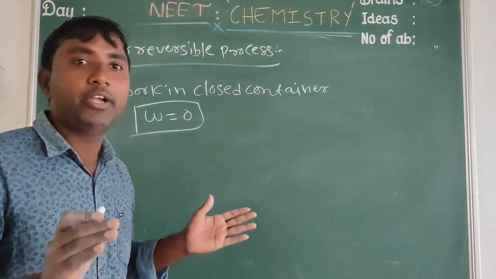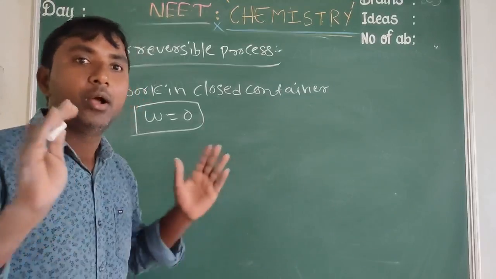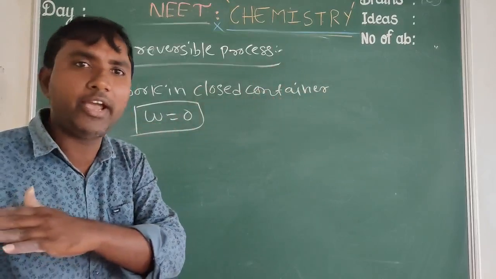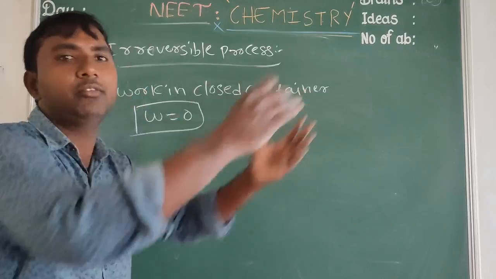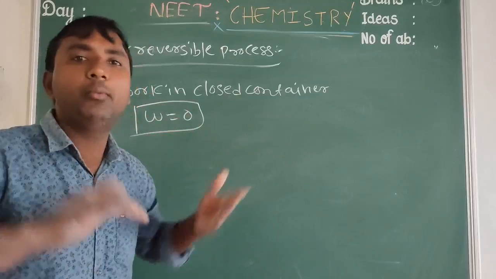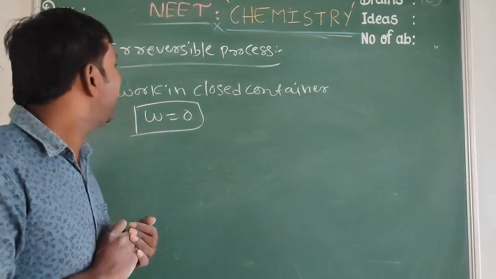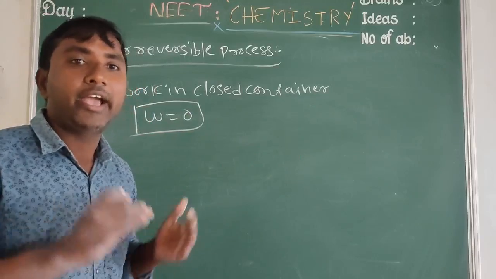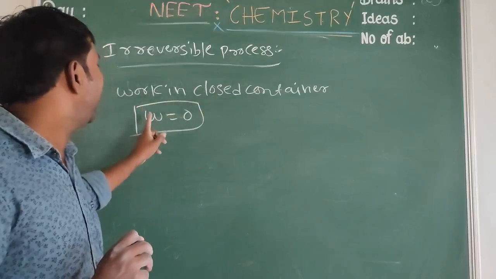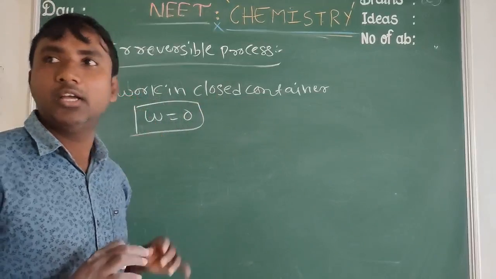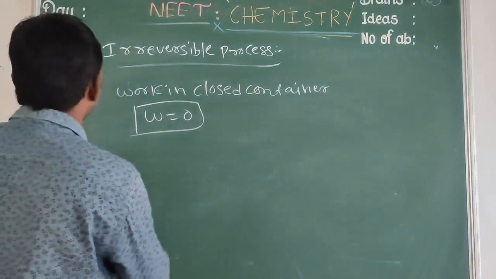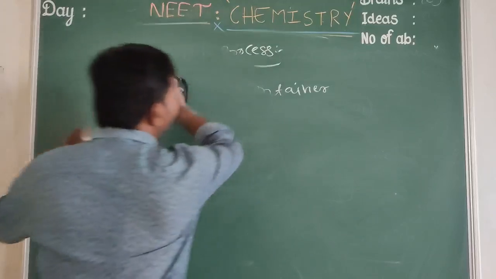Just, one problem like this came in JEE Mains. In a closed container, whatever the final pressure value and initial value given, you don't go into calculation, work automatically becomes zero, because in a closed container external pressure becomes zero. So work in closed container W equal to 0.